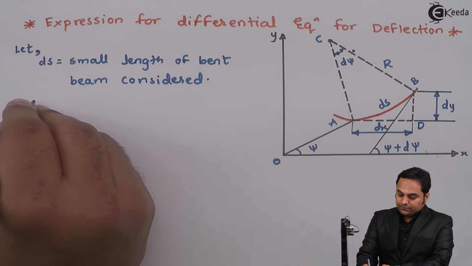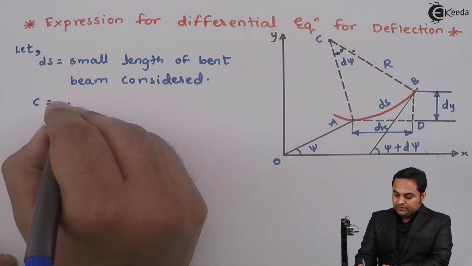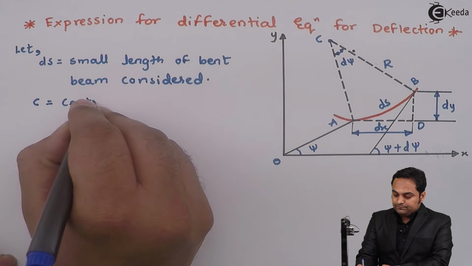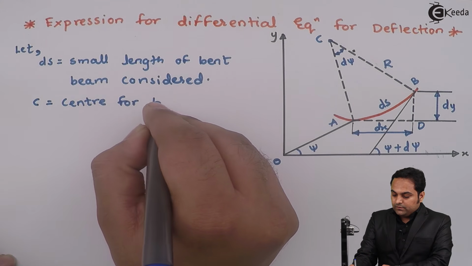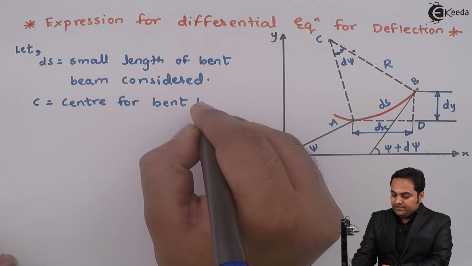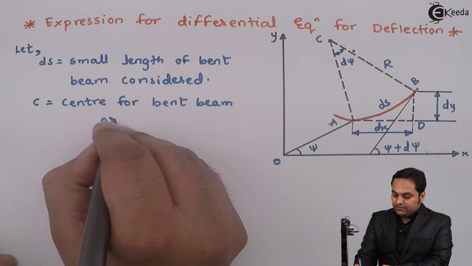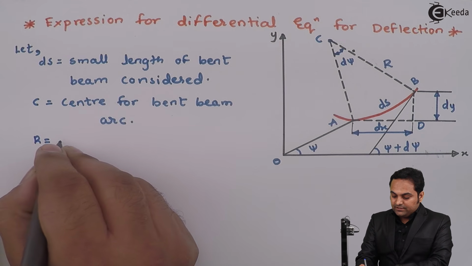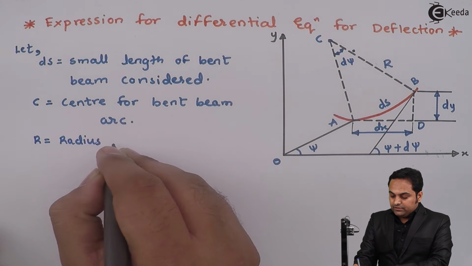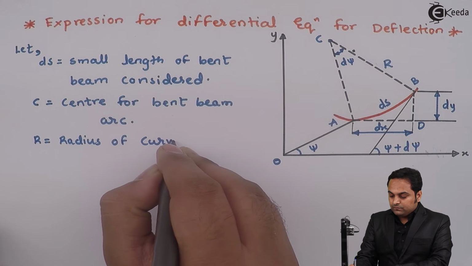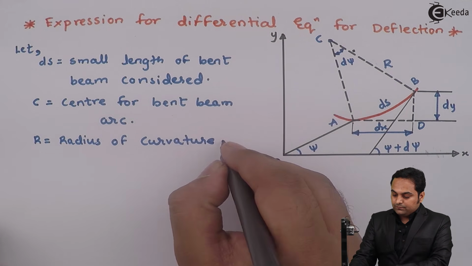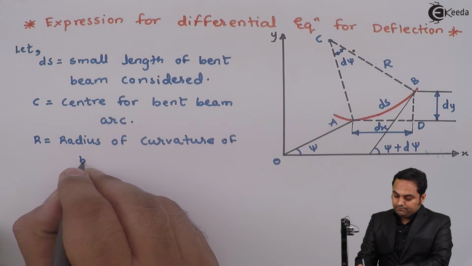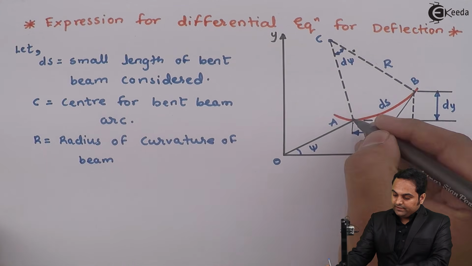Next, C is the center for the bent beam arc. Next, capital R is the radius of curvature of beam AB.